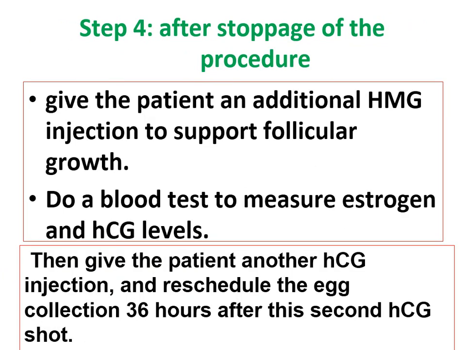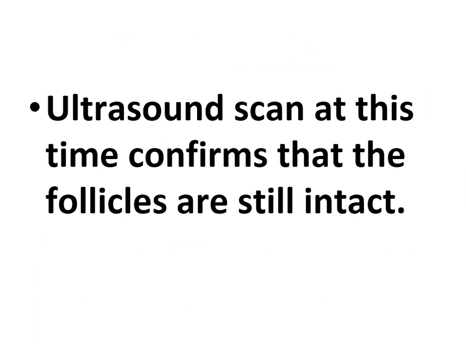If not, you have to stop and give the patient an additional HMG injection to support follicular growth, and do a blood test to measure estradiol and HCG levels, and then give the patient another HCG injection and reschedule her 36 hours after this second HCG, aiming at separation of the oocyte complex from the basement membrane.